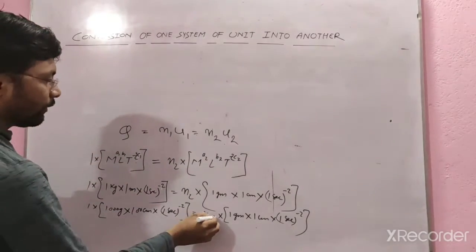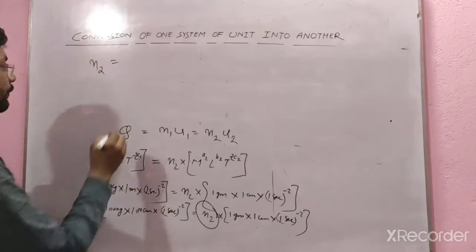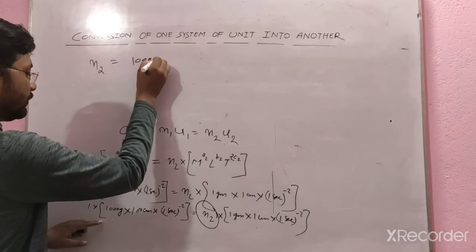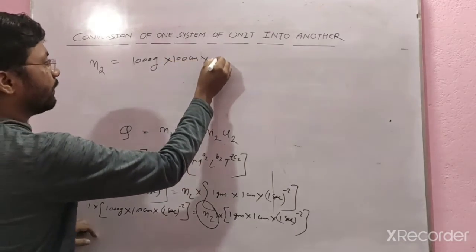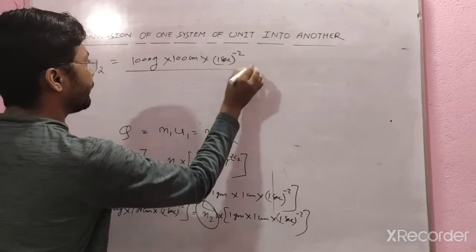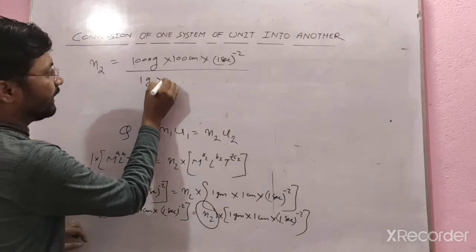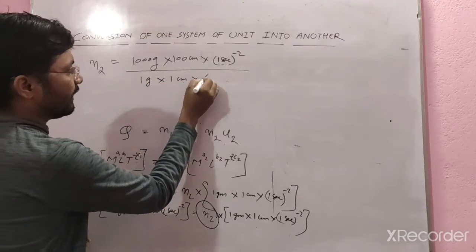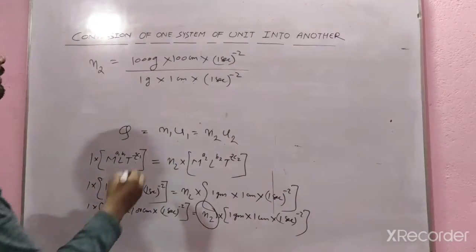Now we have to calculate the value of N2. So N2 equals 1000 gram multiplied by 100 centimeter multiplied by 1 second to the power minus 2, divided by 1 gram multiplied by 1 centimeter multiplied by second to the power minus 2.